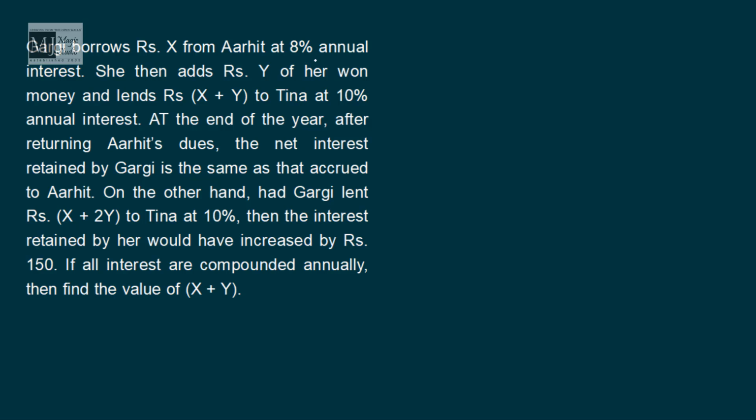Gargi borrows rupees X from Arhit. Arhit has given money to Gargi at the rate of 8% annual interest on rupees X. Gargi then adds rupees Y of her own to it and lends X plus Y to Tina at the rate of 10% annual interest.